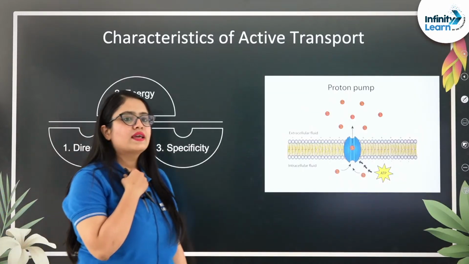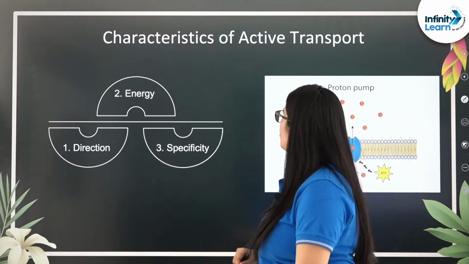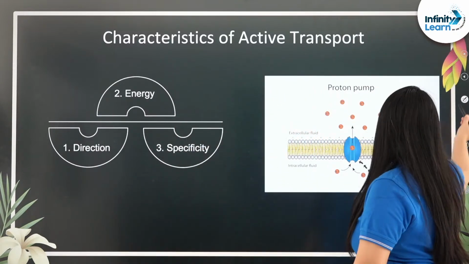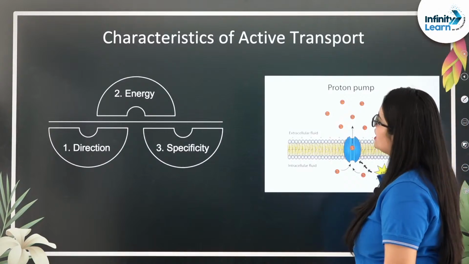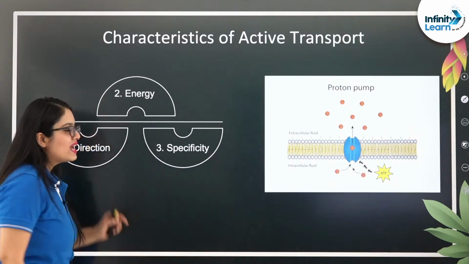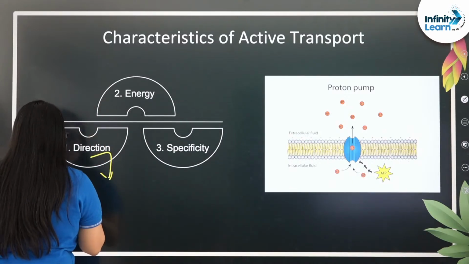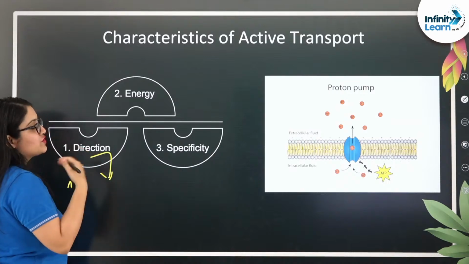Now let us take in brief what are the characteristics of active transport. So let us start with the first one, my kids. The first one is direction. So obviously the substances that move with the help of active transport actually move against the concentration gradient.